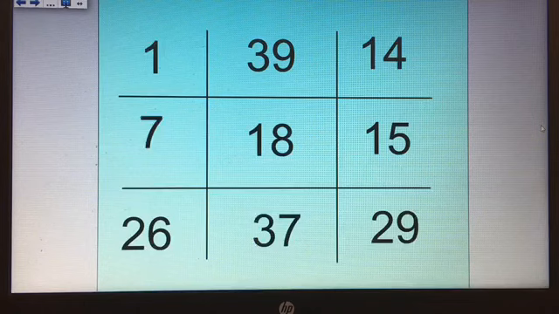Next question. 27 add 12. Next question. 7 less than 36.